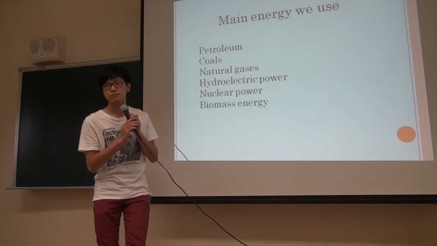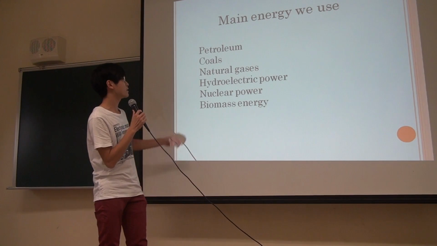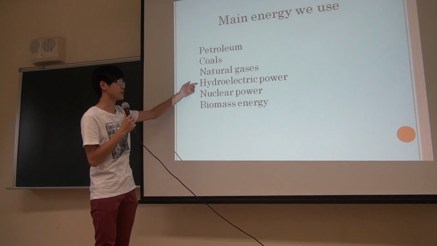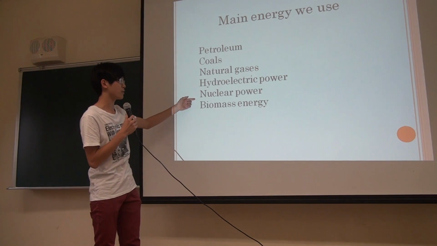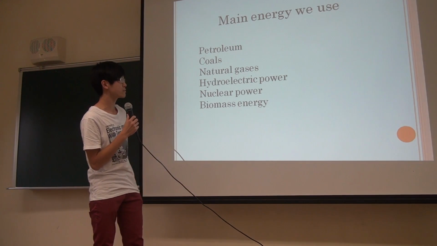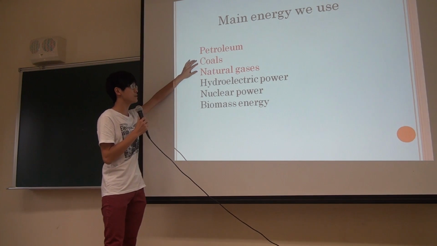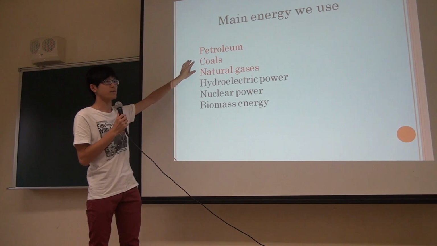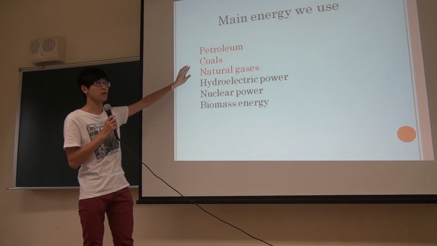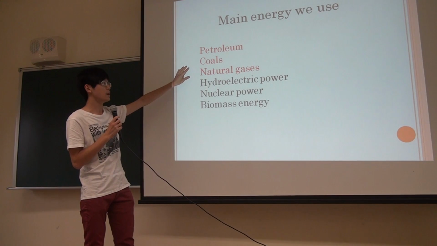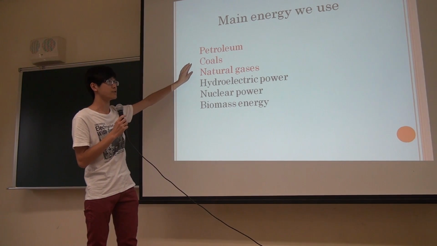The main energy we use now is in forms like petroleum, coals, natural gases, hydroelectric power, nuclear power, and biomass energy. The top three, petroleum, coals and natural gases, occupy almost 85% of the total world's energy supply.